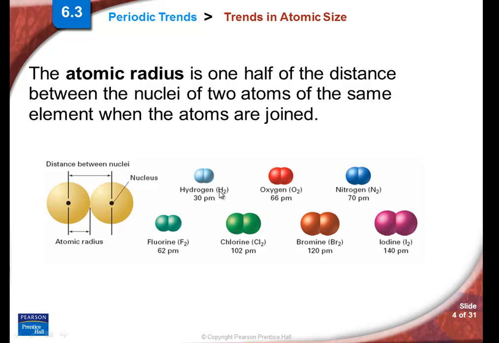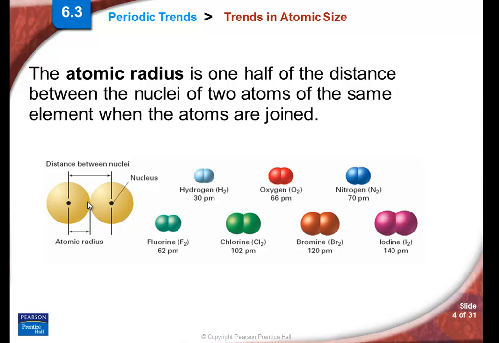What you can do is, if the same 2 elements are bonded to each other, then if you come over here and look at this diagram, you can see that there's this very well-defined distance between the 2 nuclei of the bonded atoms. This distance is something that scientists can measure very accurately.